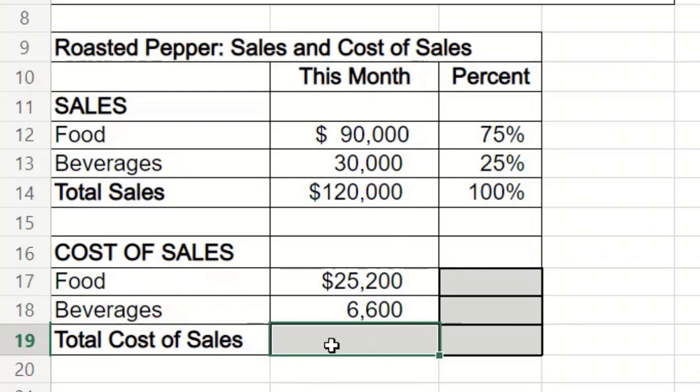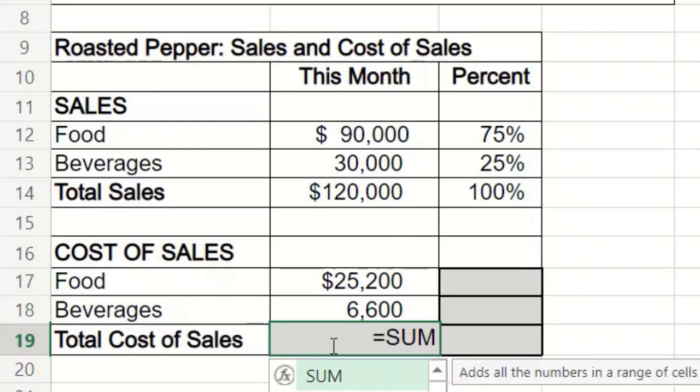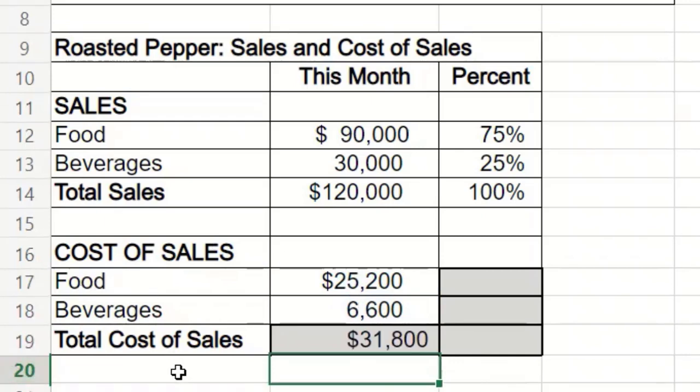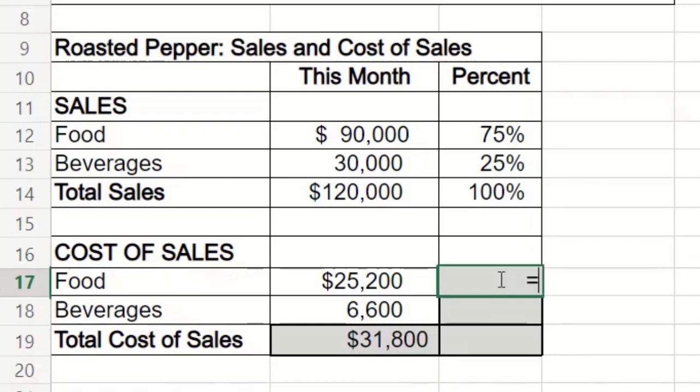So let's go ahead and add together our food and beverages. So all of our food and beverages cost a total of $31,800 to produce, right? And when we look at our food cost, if we take our food cost and we divide that by our food sales, we get 28%.